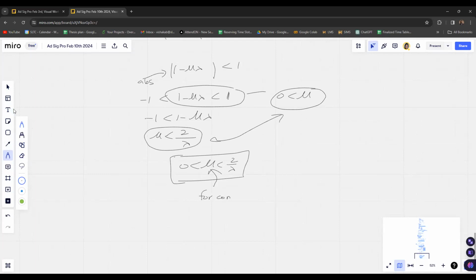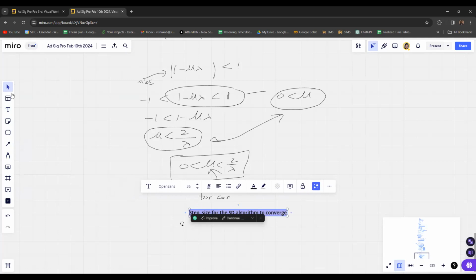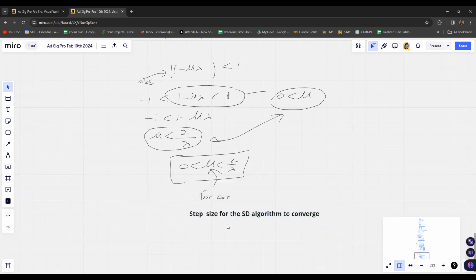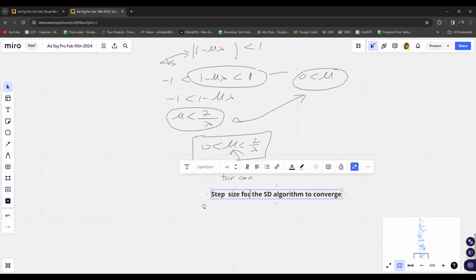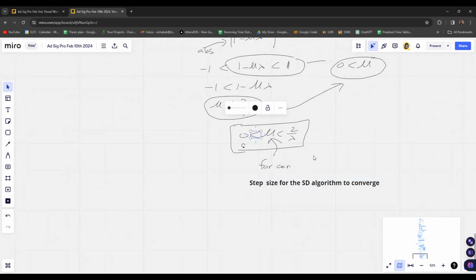So whenever we are using the mu value, you have to check whether the mu value is between 0 and 2 over lambda. The mu value, or the step size value, that should be used must satisfy this condition. The step size for the SD algorithm should follow this criterion such that the algorithm is converging.